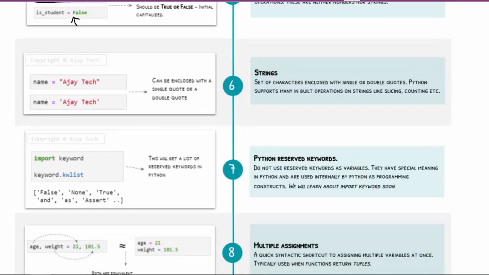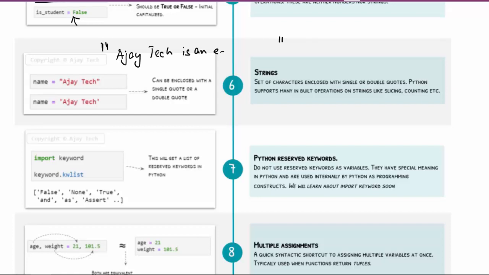All right, next thing is strings. What are strings? Well, we have seen examples of strings, right? A string is enclosed either in double quotes or single quotes, and then within that you can say anything you want. So Ajay Tech is an e-learning company. This is an example of a string.